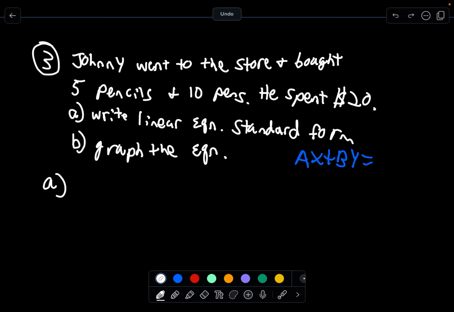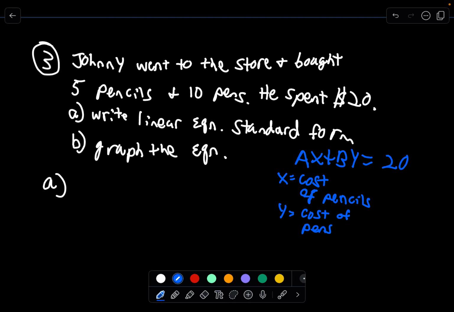So I'm going to say x equals cost of pencils. y equals cost of pens. And he spent $20.